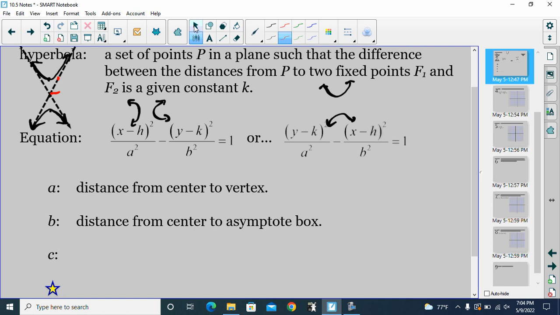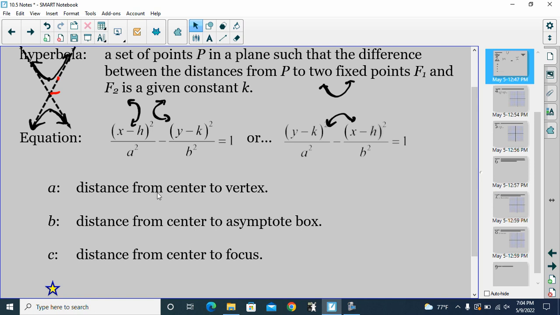We have a C value as well. Remember, we do have two foci. C is the same thing as it was with ellipses, distance from center to focus. Our two foci would be like right here and right here. Just like with a parabola, the hyperbola bends around each focus.